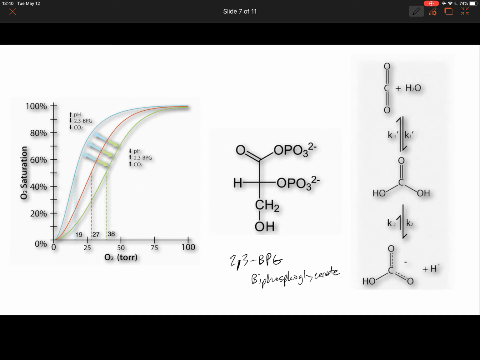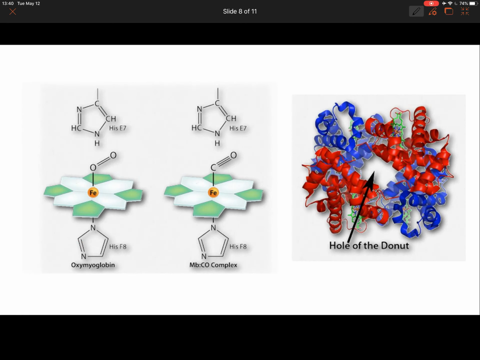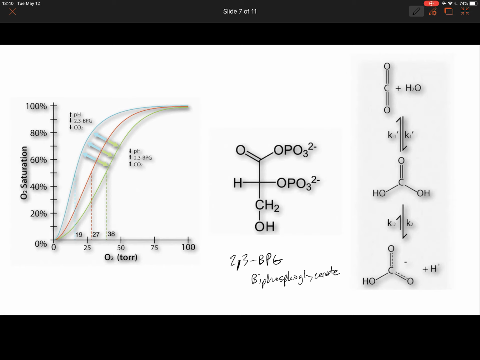The 2,3-BPG fits into what they call the hole of the donut of adult hemoglobin. You can see it on the right, the hole of the donut. So it fits into the hole of the donut, and this also favors the T state, or tight, low oxygen binding.